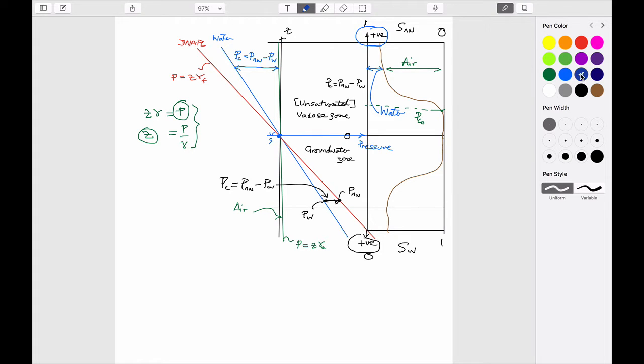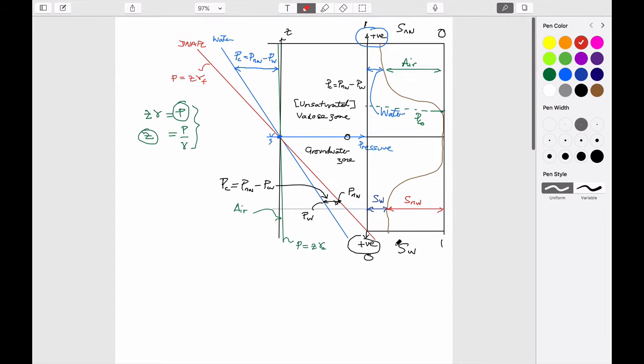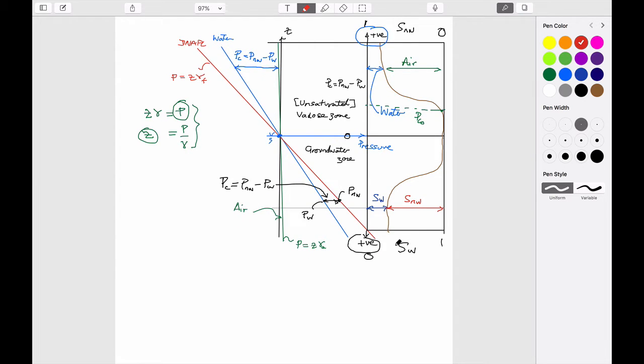If we go across here and I do this, then this is going to be the saturation of water, and this is going to be the saturation of the non-wetting fluid. And so that's really the system that we have. It's no more involved than that.